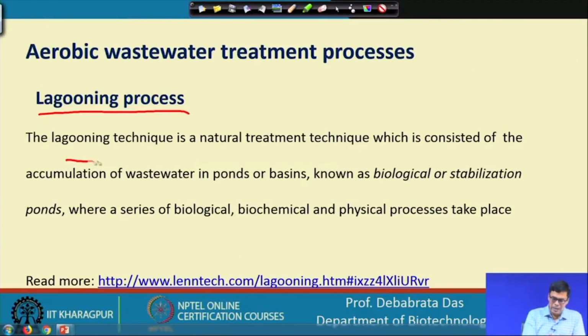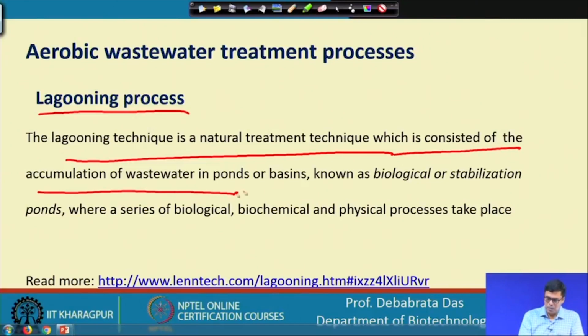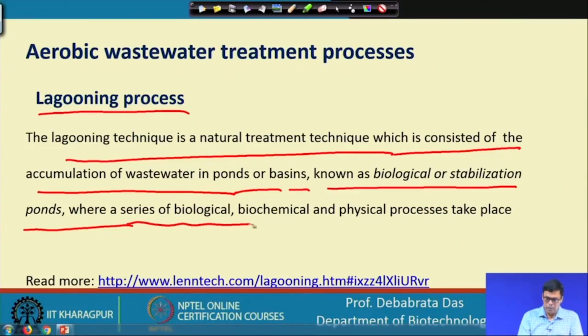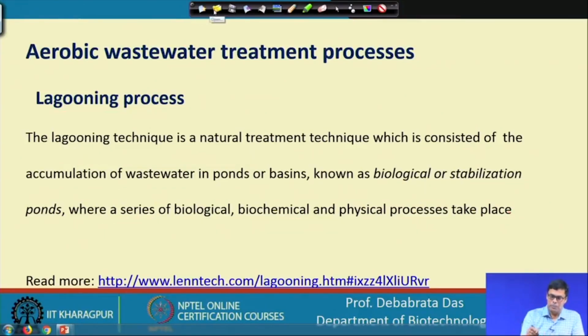So, the lagooning technique is a natural treatment technique consisting of the accumulation of wastewater in ponds or basins known as biological or stabilization ponds, where a series of biological, biochemical and physical processes take place.